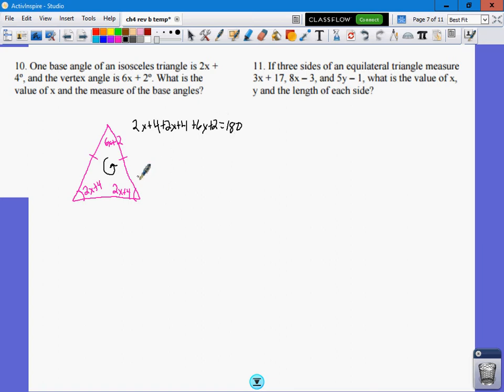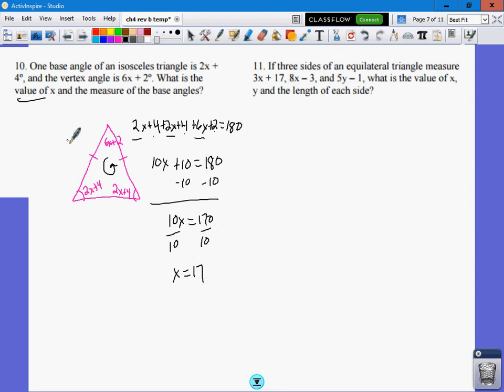Combining my like terms, I have 2x and 2x, which is 4x, and 6 more x, which is 10x. I have 4 and 4, which is 8, and 2 more, which is 10, is equal to 180. Subtracting 10 from both sides, I now have 10x is equal to 170, and dividing both sides by 10, I get x is equal to 17.